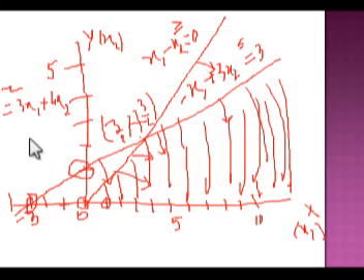The value of it will be 3 by 2, 3 by 2. If we put it, then we will get 9 by 2 plus 12 by 2, and this will be 21 by 2.